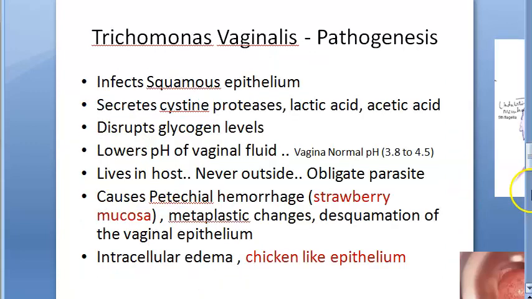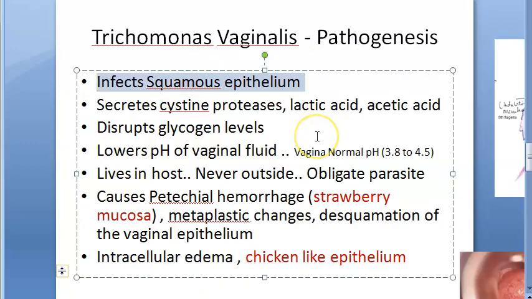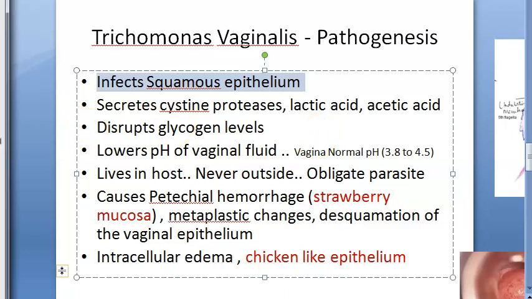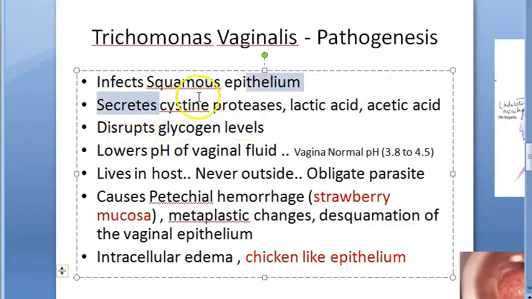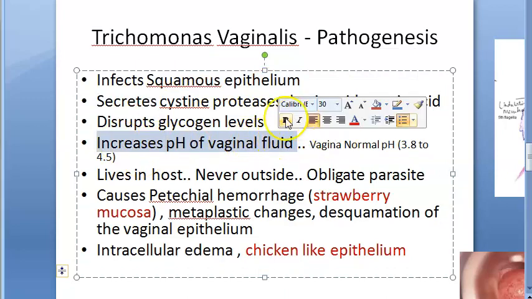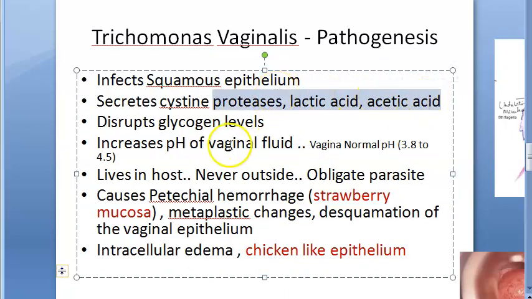Moving on. It loves squamous epithelium. It secretes a lot of enzymes like cysteine proteases. Pathogenesis: cysteine proteases, lactic acid, acetic acid and others are secreted. It disrupts the glycogen level. It increases the pH of the vaginal fluid. Guys, it's secreting all these acids and increasing the pH of the vaginal fluid.